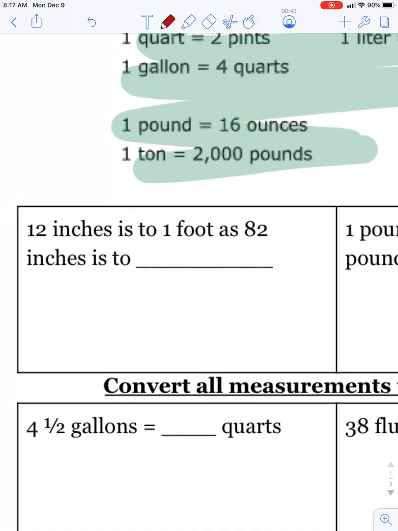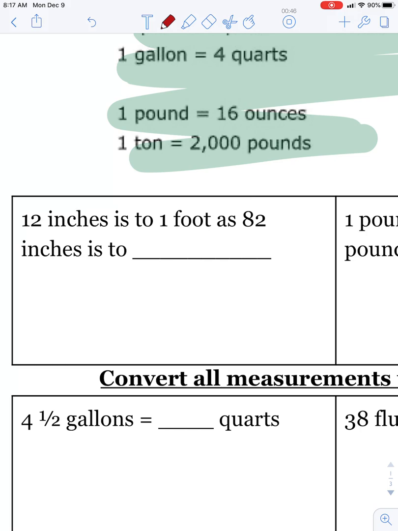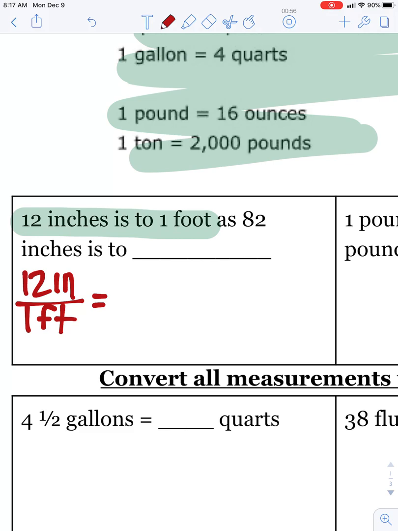So looking at the very first one, it's 12 inches to 1 foot. So you're going to make that key. So 12 inches to 1 foot is equal to, and then we're looking at 82 inches. So we know that goes on top to match, and then X on the bottom.